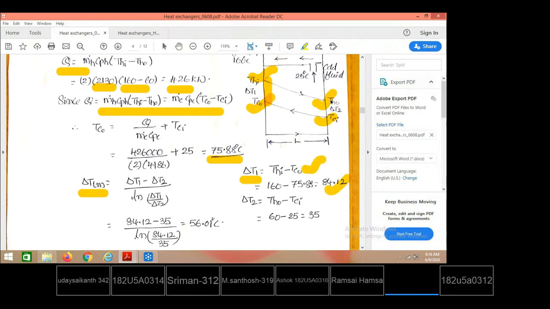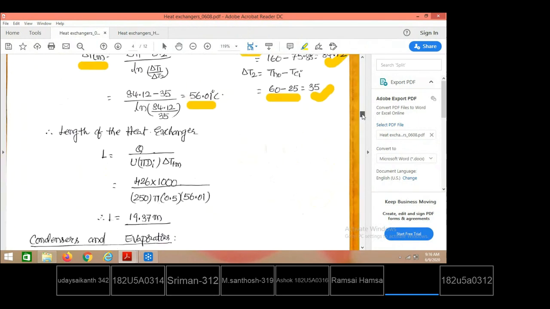Delta T2 equals TH naught minus TCI, which is 60 minus 25, that is 35. Substituting, (84.12 minus 35) by ln of (84.12 by 35), we get delta T_lm for the counterflow heat exchanger as 56.01 degrees centigrade.